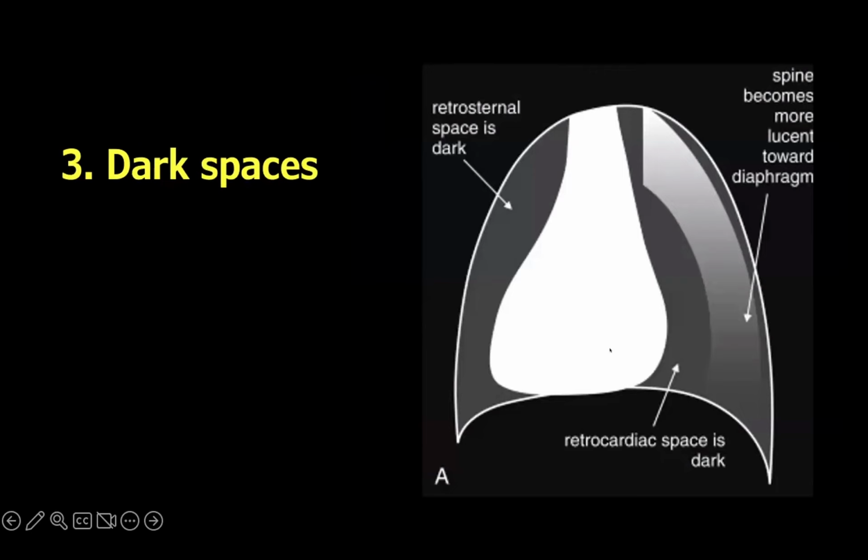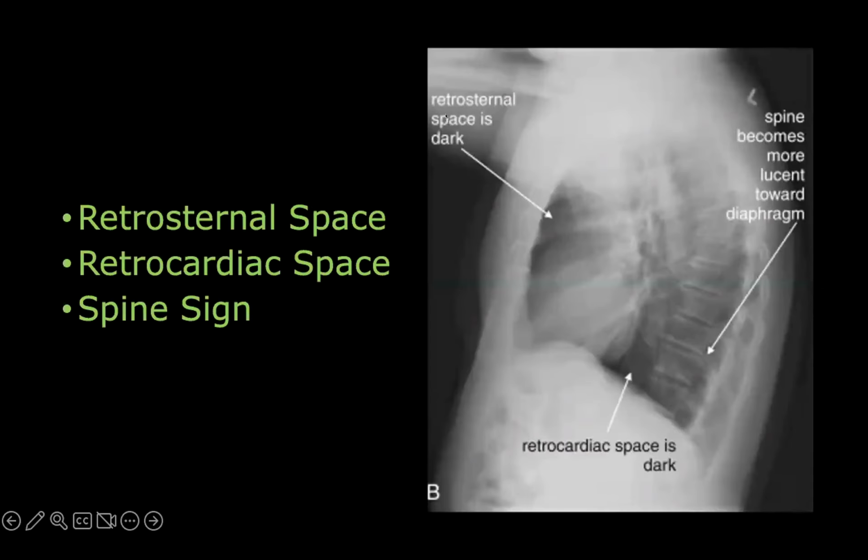Third important point in the lateral view is the dark spaces, and we've got four important areas to look at. The first is the retrosternal area. The retrosternal space is this triangle here that is above and anterior to the heart and just behind the sternum.